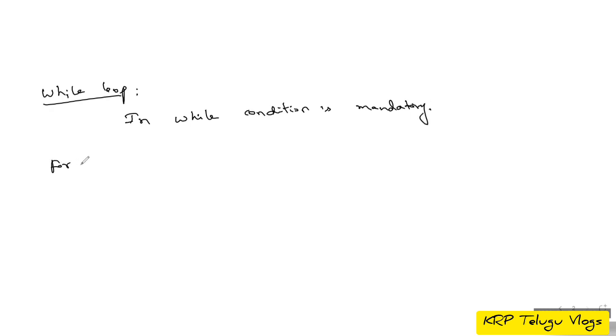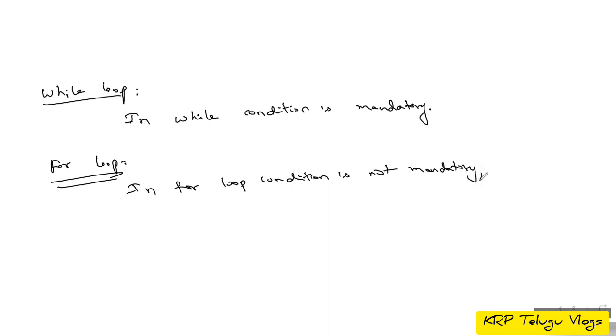In for loop, the condition is not mandatory. If no condition is given, it takes it as true by default.